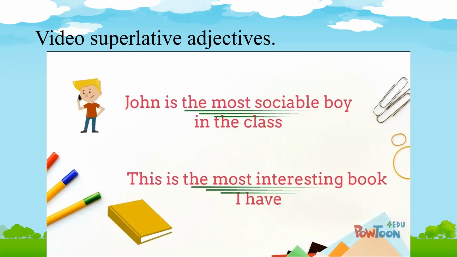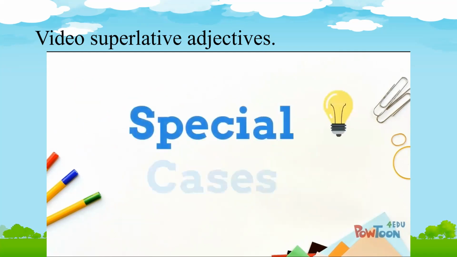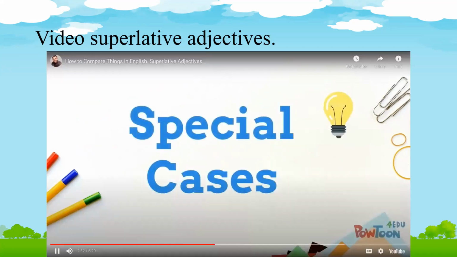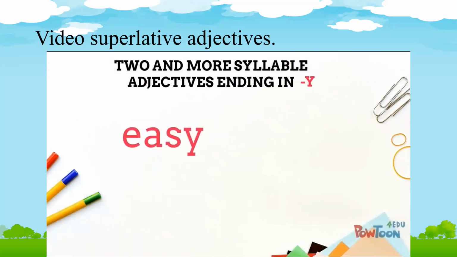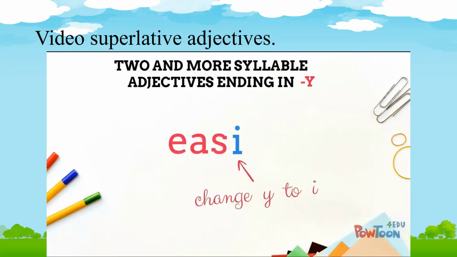More examples. John is the most sociable boy in the class. This is the most interesting book I have. Like comparatives, superlatives also have some special rules. Two and more syllable adjectives ending in y usually make their superlative forms by replacing y with i and the suffix -est.